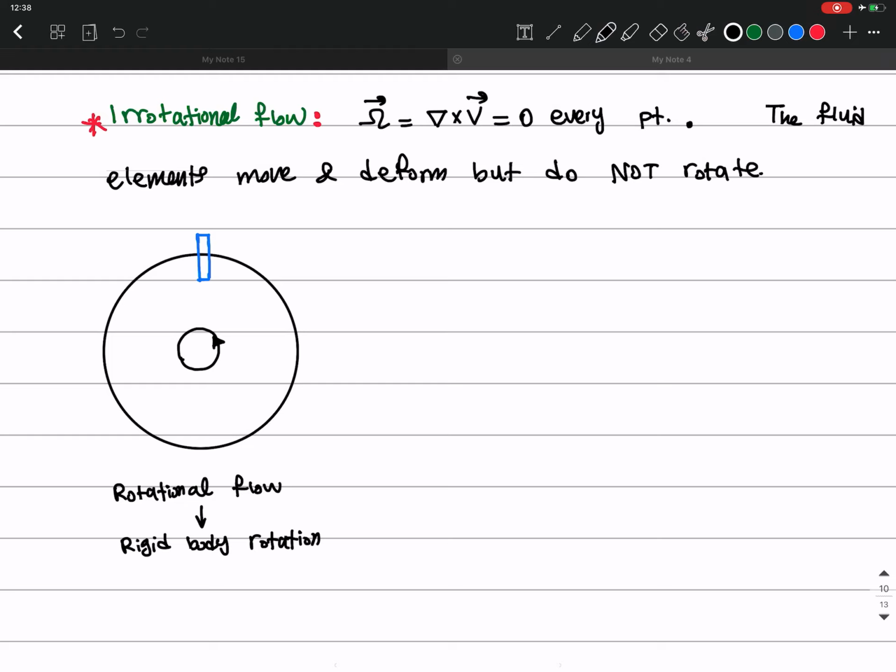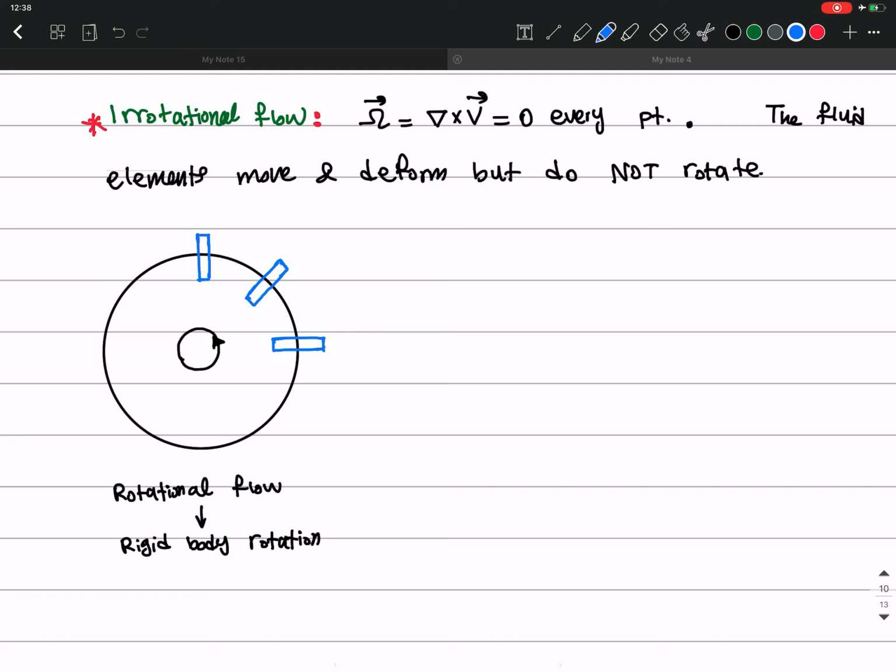This means that this particle in this rotational flow will also rotate itself. So we have something like this here, and then here we have something like this. It is rotating itself too, right?